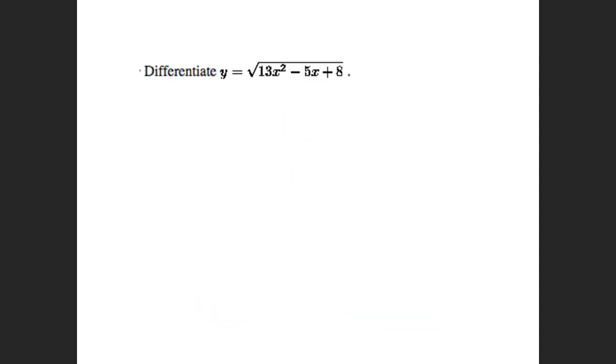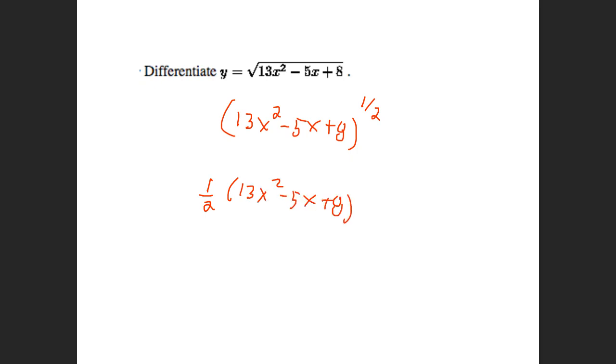All right. So now if I had something like this, first thing I do is, anytime I have a radical, I know I can't take derivatives of radicals, so I just rewrite it. I would rewrite this problem as 13x squared minus 5x plus 8, all raised to the 1/2 power. So now I bring the 1/2 down, leave the middle alone, raised to negative 1/2, times the derivative of the middle.